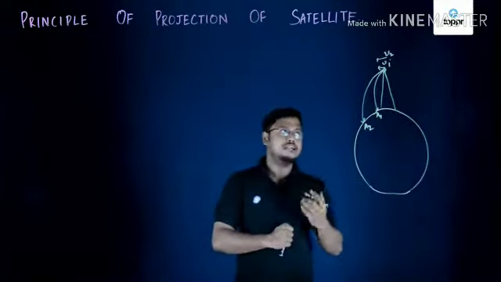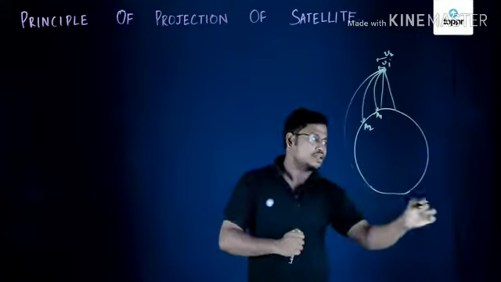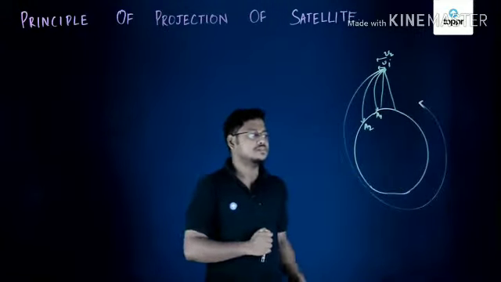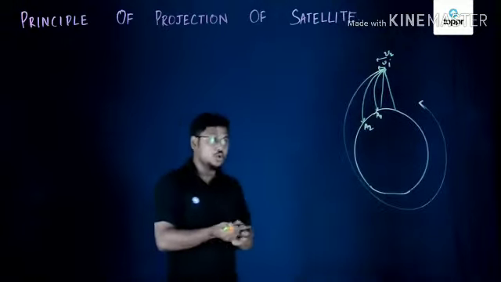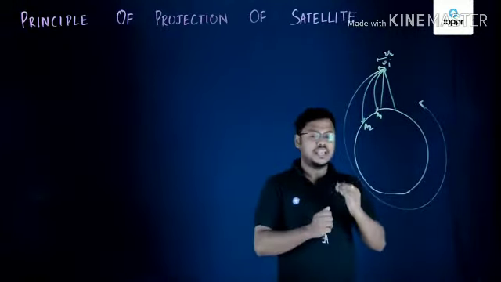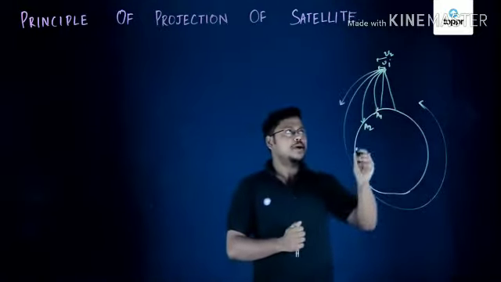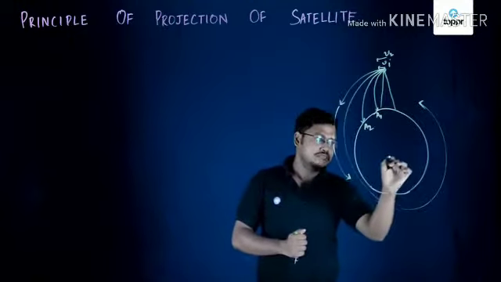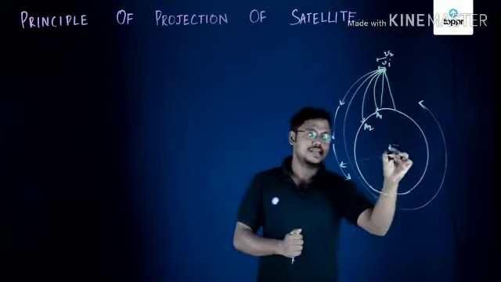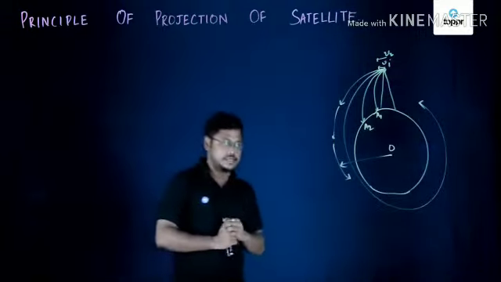Now at a certain horizontal velocity, it will make it rotate about the Earth. So this particular velocity, the minimum amount of this velocity, is the orbital velocity. To make a satellite revolve in a fixed orbit defined at a particular distance from the center of the Earth, we need to apply a particular horizontal velocity.